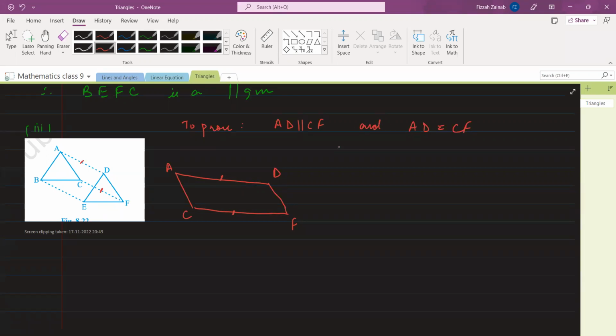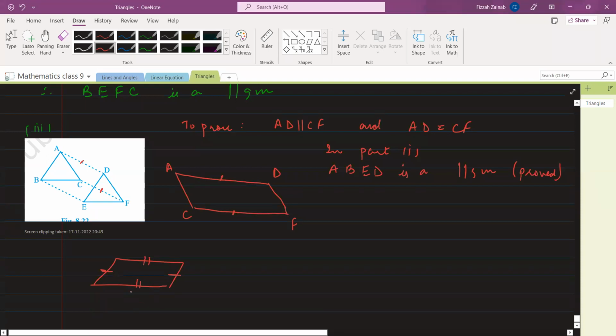Right, in the first part, what we did, now see here, in part 1, what did we prove? So we proved that ABED is a parallelogram. Is that clear? Yes, ma'am. Already proved. Okay. Now, because it is a parallelogram, when we were proving this parallelogram we considered this side and this side. Now, because we have proved that it is a parallelogram, the opposite side is also equal. The other pair of sides is also equal because it's a parallelogram, right?